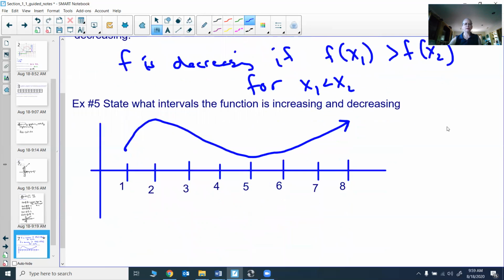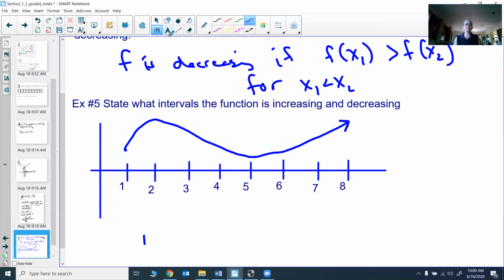So let's state on what intervals the function is increasing and decreasing. From here I can see I'm going up. Think of increasing as going up on your graph. I'm sorry, it's not 0. From 1 to 2, I'm increasing.